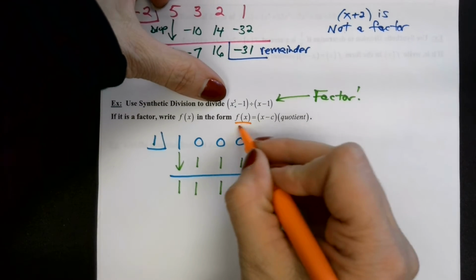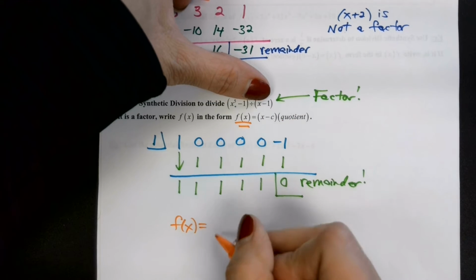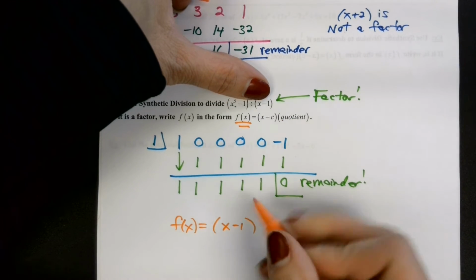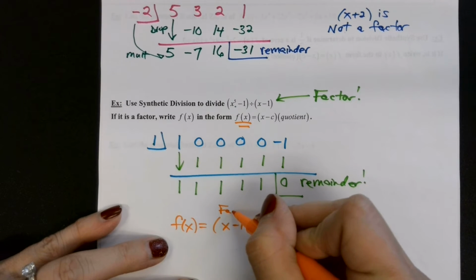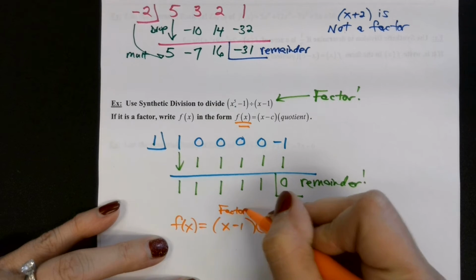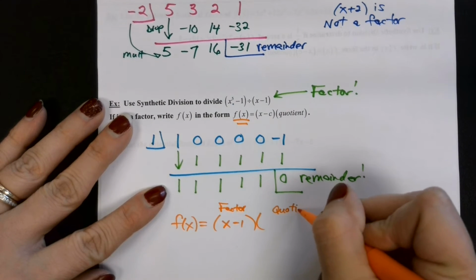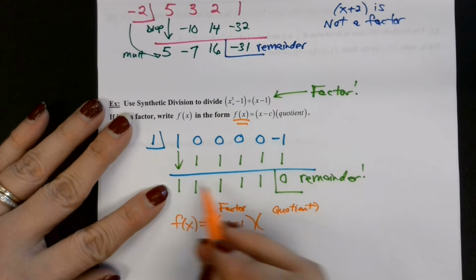So f of x equals, the factor that I tested was x minus 1. First you put the factor, and then in the second set of parentheses, you are going to put the quotient. The quotient is the answer to the division problem.